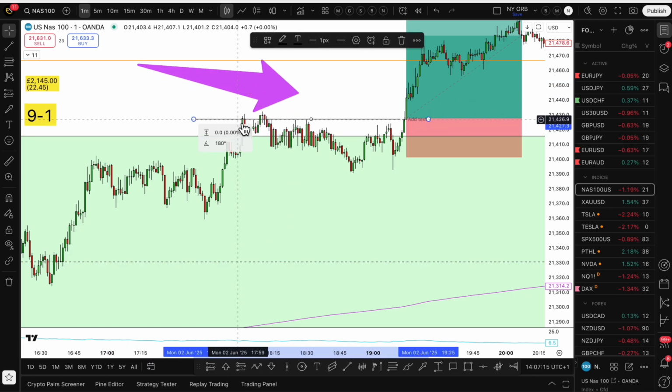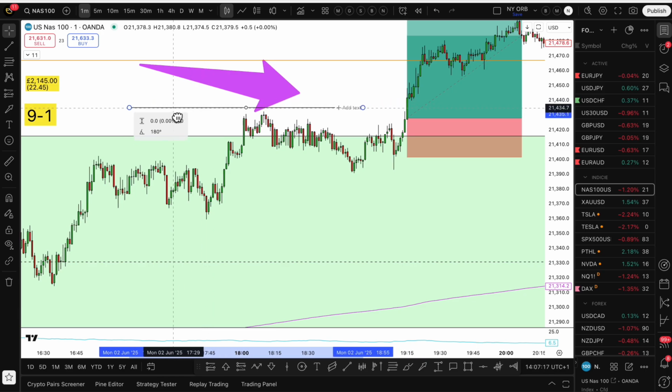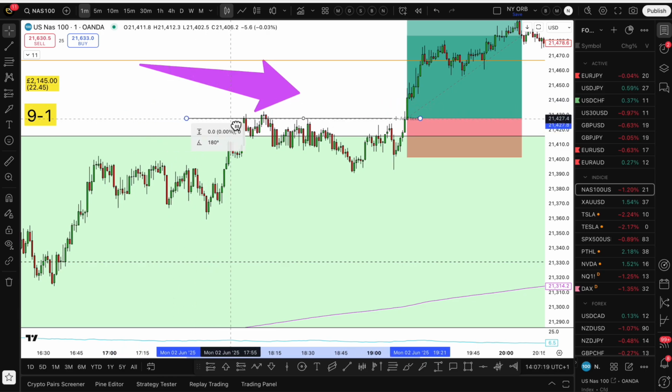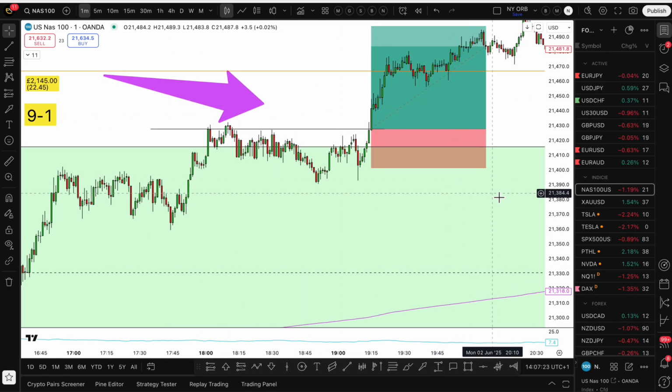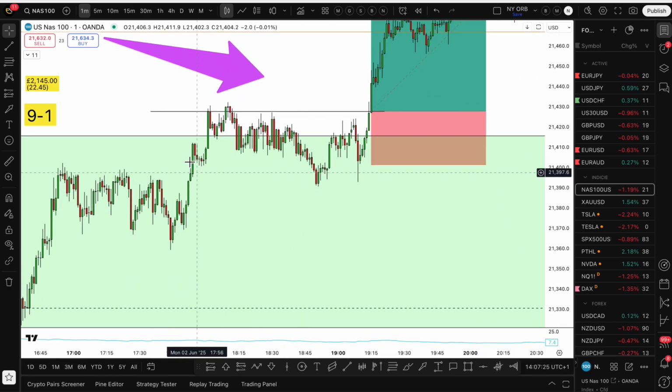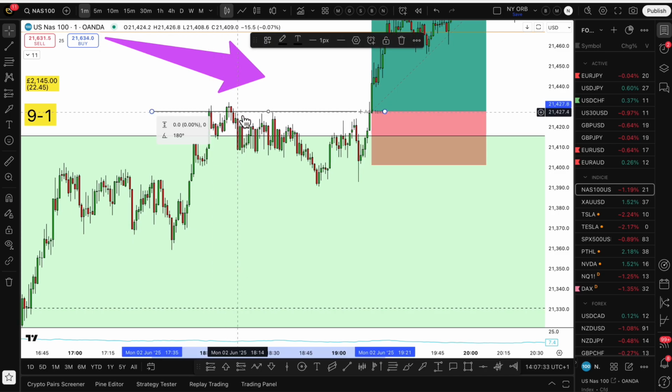So I've drawn this black line here, and I'm building a story and creating a plan, saying okay, we've broken above the open range breakout, waiting some candles printing. Okay, we've now got some resistance in this area. Let's see how the market reacts.